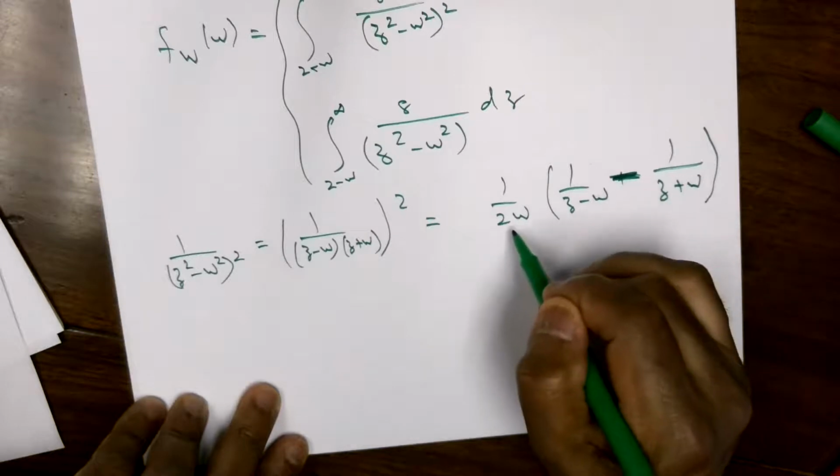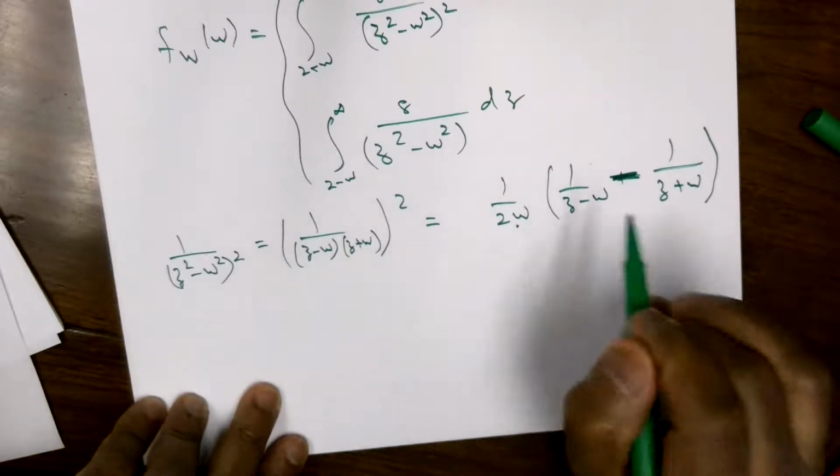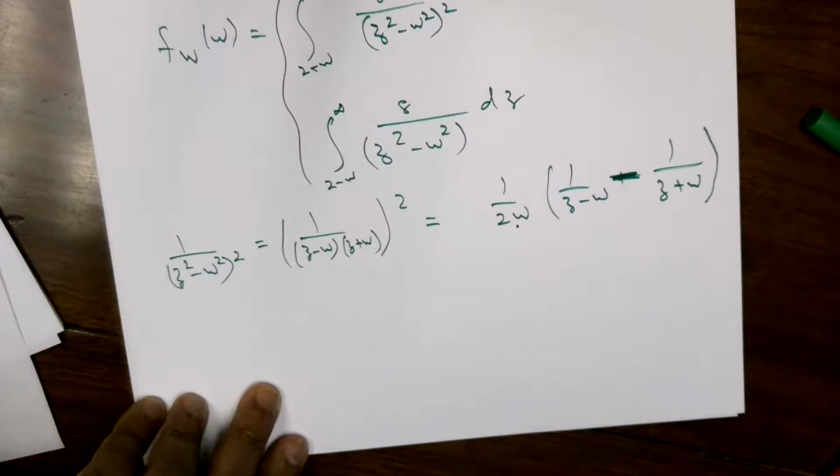Remember, previously we wanted to bring out 2z here because we were doing the derivative with respect to w.